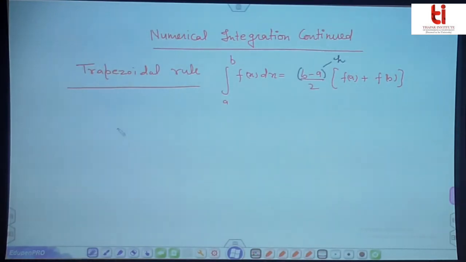And the error in the trapezoidal rule is minus h cube upon 12 f double dash c.